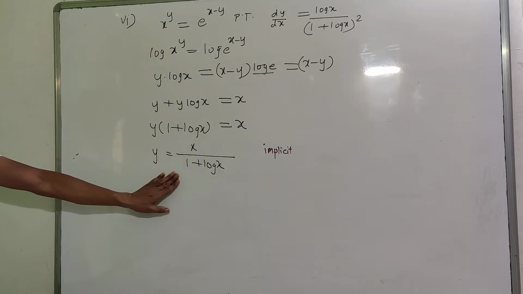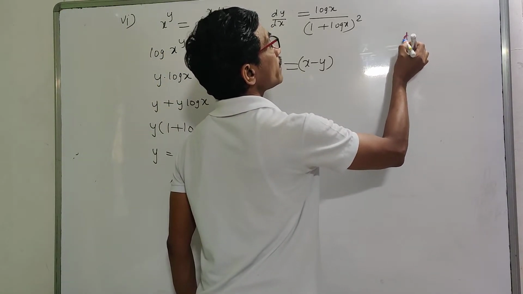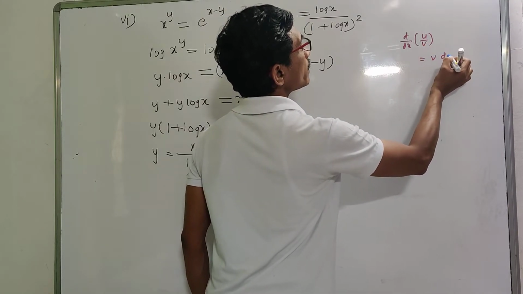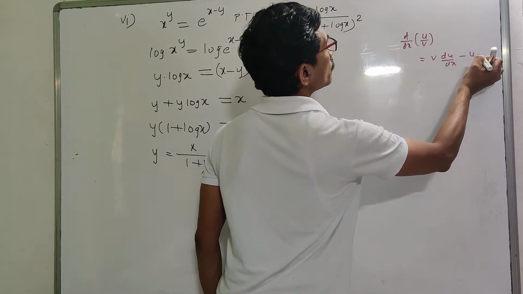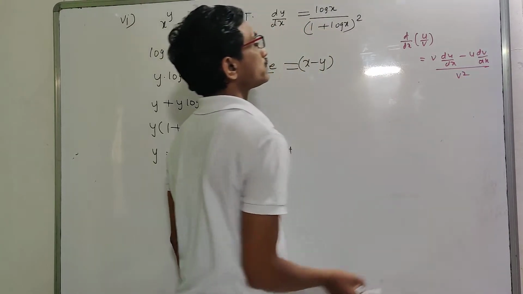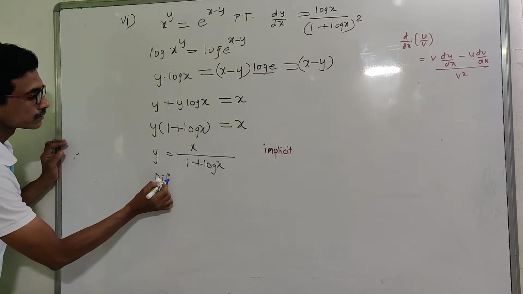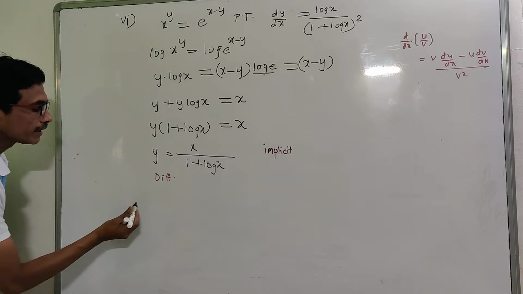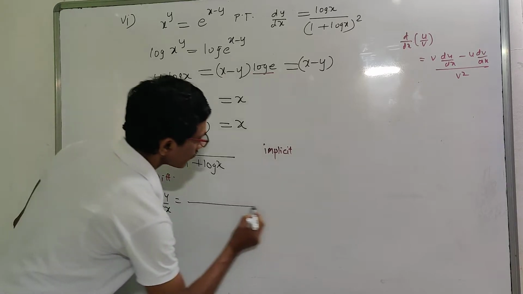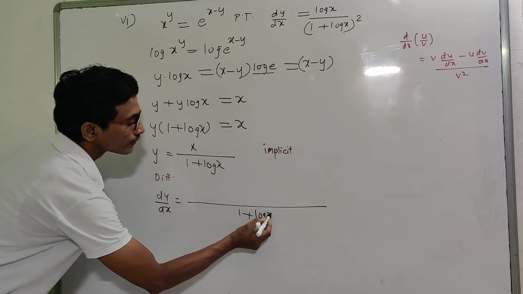Now as it is an implicit function, we can directly find the derivative by the u upon v rule. You know the derivative of u upon v is equal to v derivative of u minus u derivative of v upon v square. So apply this result here, differentiating with respect to x. dy by dx is equal to, the denominator is v square, (1 plus log x) whole square.